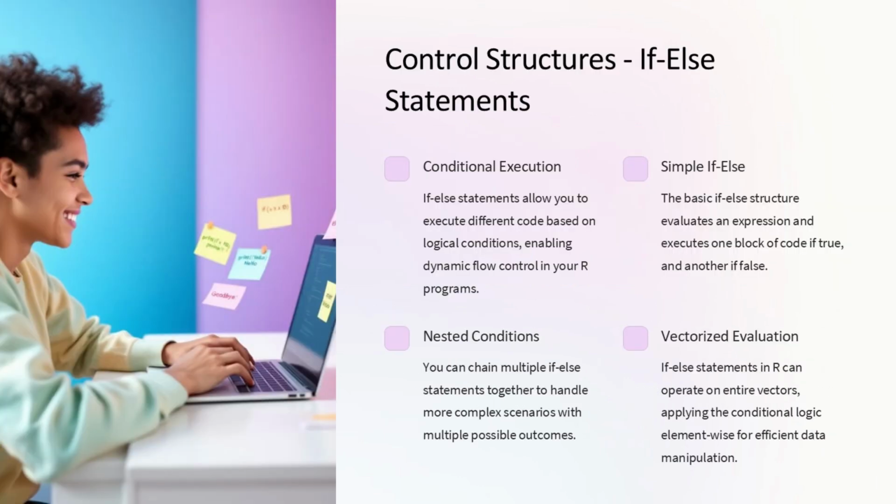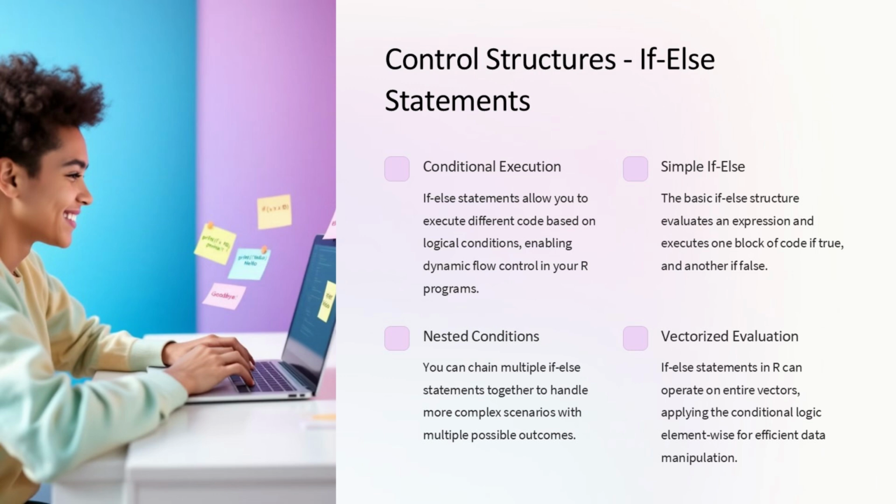Conditional execution is a key concept in programming that allows your code to make decisions and take different actions based on the state of your data. The basic if-else structure is the foundation of conditional execution. It evaluates an expression and executes one block of code if the condition is true, and another block if it's false. You can build on this by chaining multiple if-else statements together to handle more complex scenarios with multiple possible outcomes.